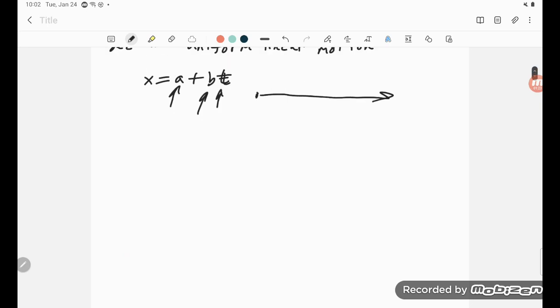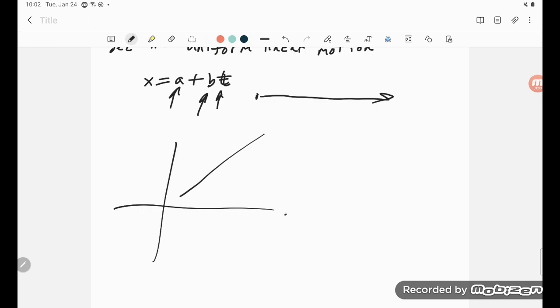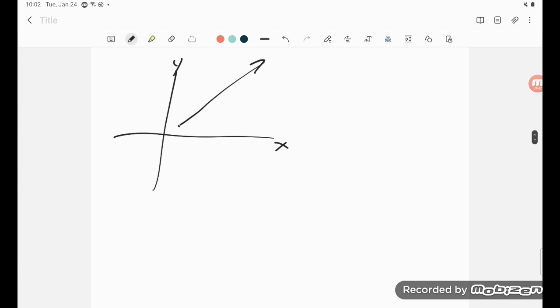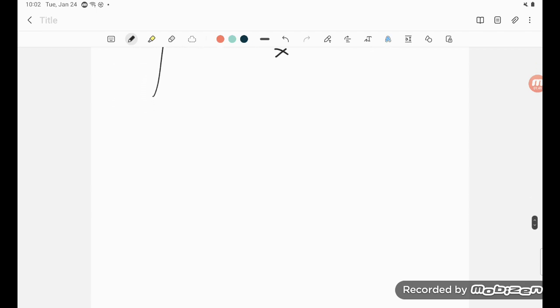Well, now, if somebody is heading off in this direction on an XY coordinate system, we need to describe both the X and the Y, and so it gets a little bit more complicated. So X is equal to some A plus BT, and Y is equal to some C plus DT.